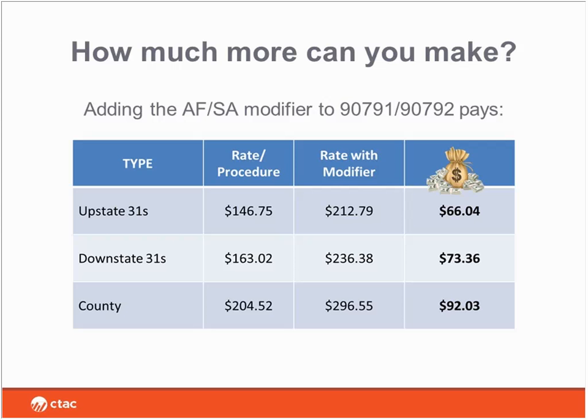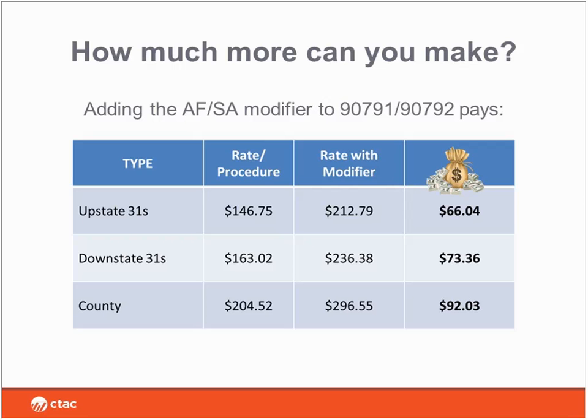This way, you're not missing a modifier, and in the cases where the managed care plans only want to pay for 1 90791 and 1 90792, you're making sure you're picking up that extra money from that 90792, especially with the modifier on there, because that's big bucks.